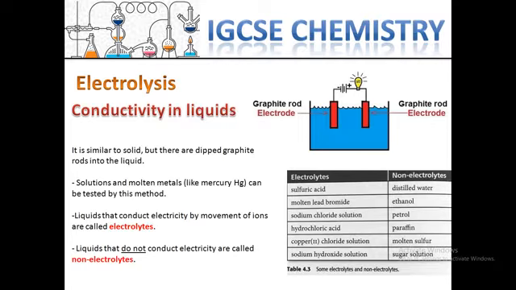Solutions and molten metals like mercury, Hg, which is liquid at room temperature, can be tested by this method. Liquids that conduct electricity by movement of ions are called electrolytes.